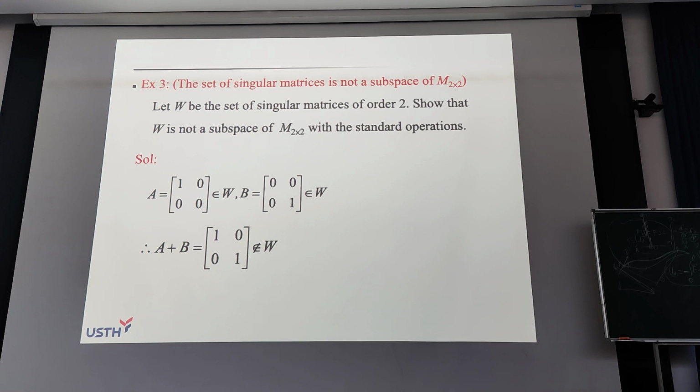The identity matrix has determinant 1. Because the determinant is 1, the sum here is invertible. An invertible matrix does not belong to the set W of non-invertible matrices. So property number 1 in the definition of vector space is not satisfied. Then we can conclude that W is not a subspace of M2 by 2.